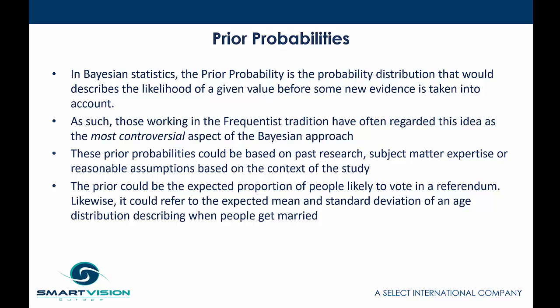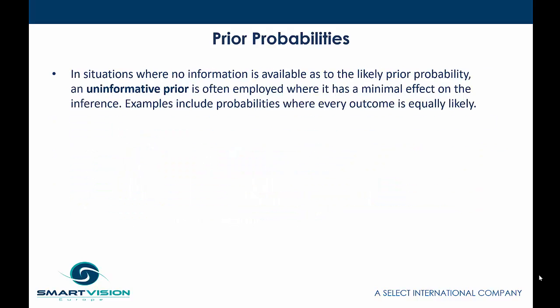Now, in situations where we have absolutely no prior information available to us, where there has been no research done into this area for us to reference, where even a subject matter expert would struggle to come up with an estimate as to a likely mean or a likely probability or a likely distributional shape, we can employ what's called an uninformative prior.